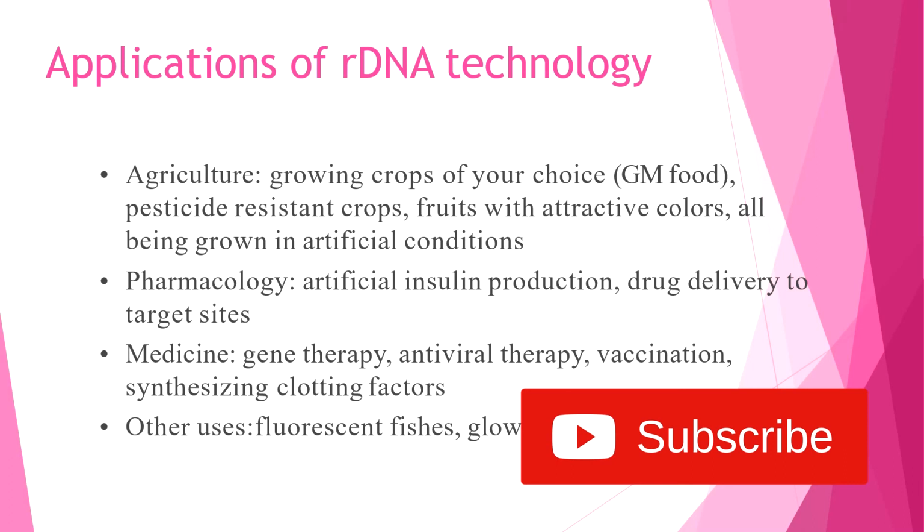There are also applications in medicine, such as gene therapy, antiviral therapy, vaccination, and other uses like glowing plants and fluorescent fishes. We will discuss these in another video. So that is an outline or introduction to recombinant DNA technology. Thank you.